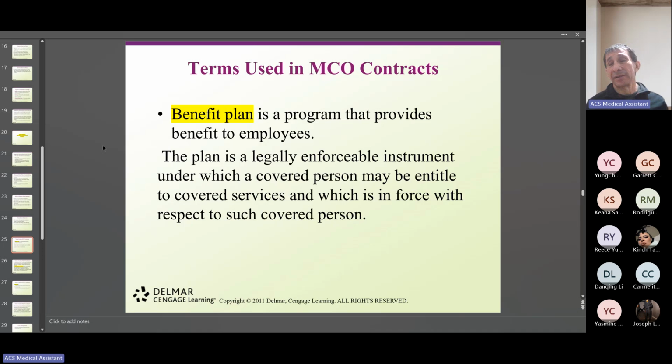Okay, let's leave the medical ethics to the side and let's continue again with these managed care organizations, because that's the one that we are discussing right now. That is the most limited. And it's the one that is funded by the government.